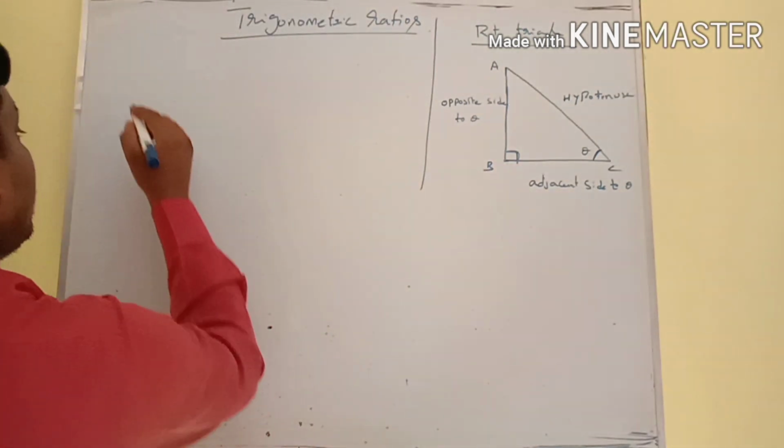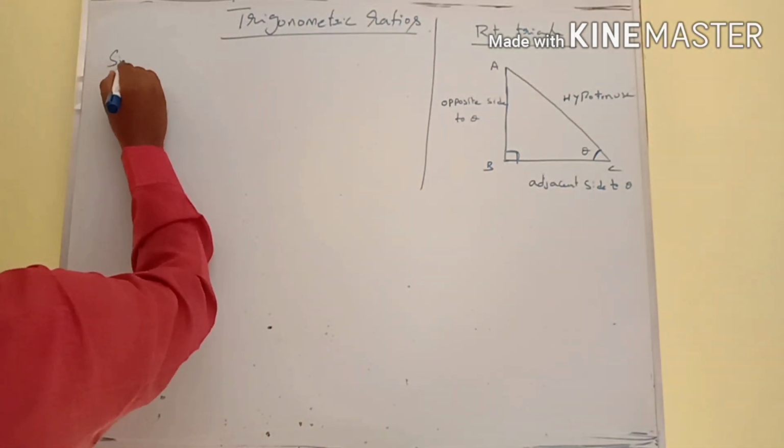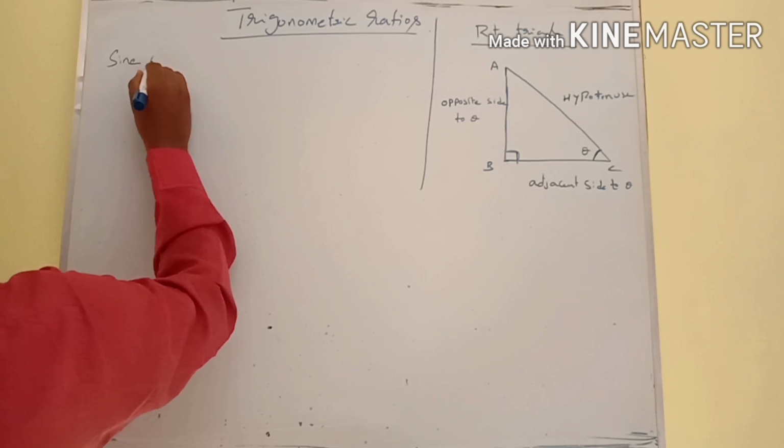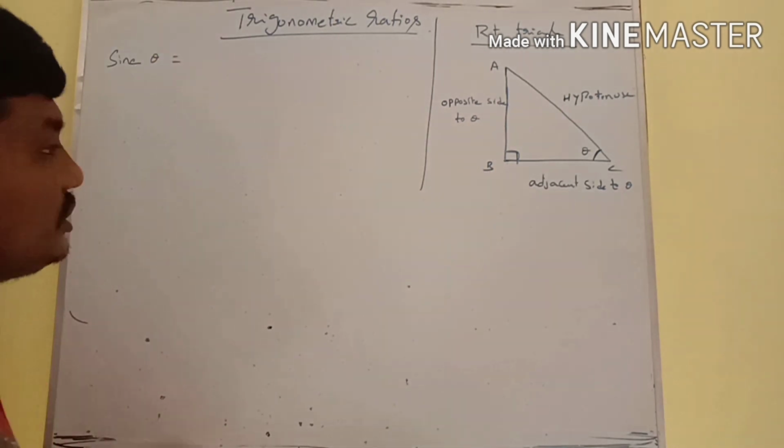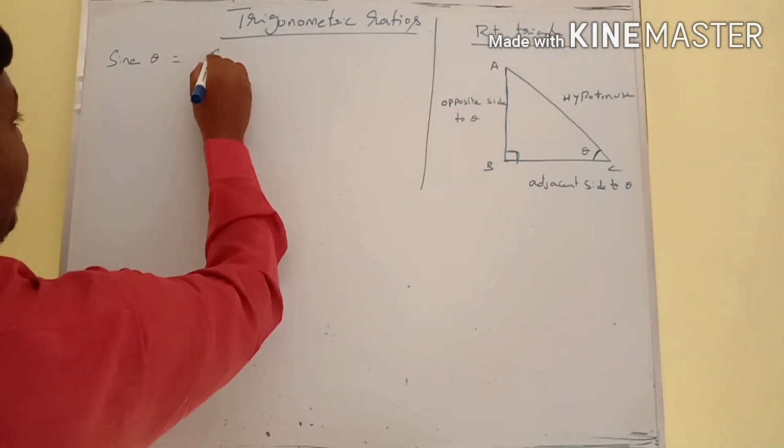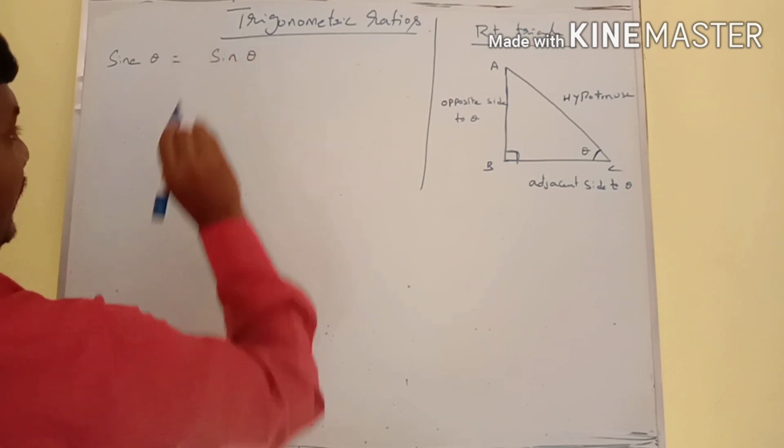The first trigonometric ratio is sine theta, abbreviated as sin theta.